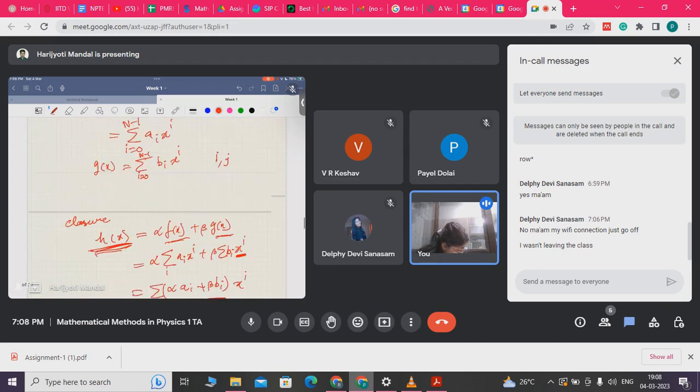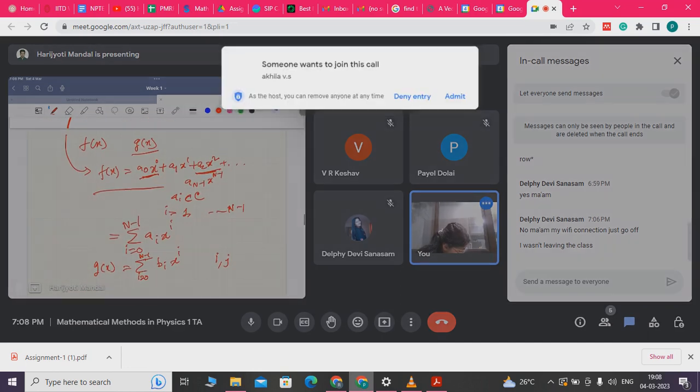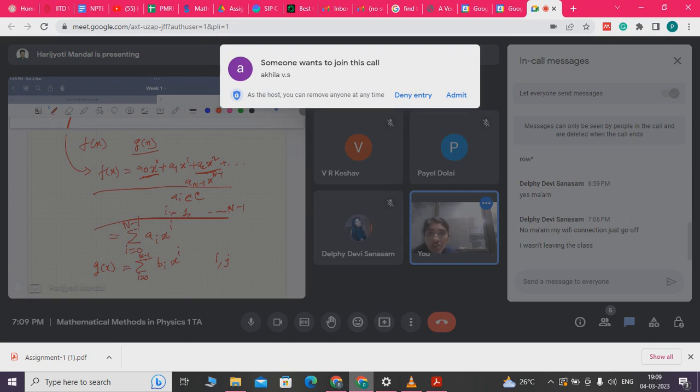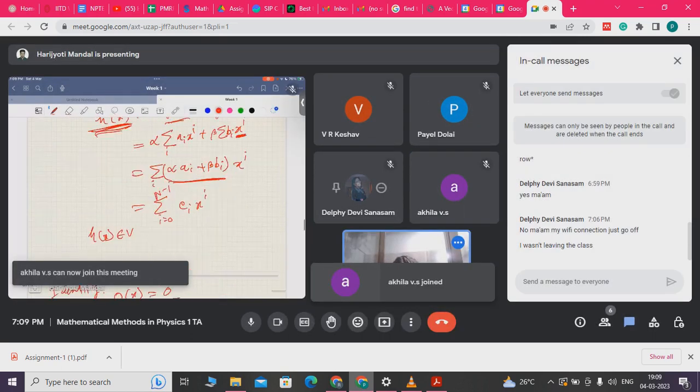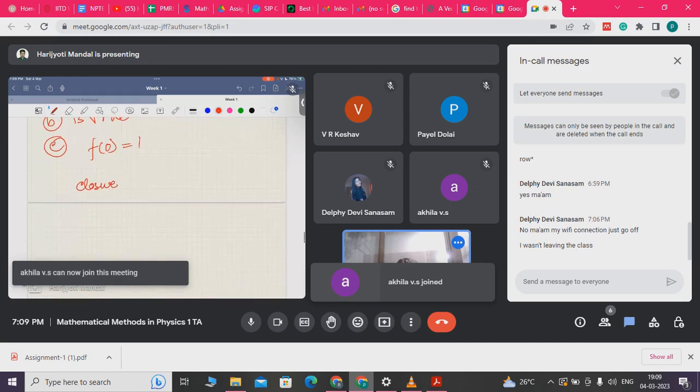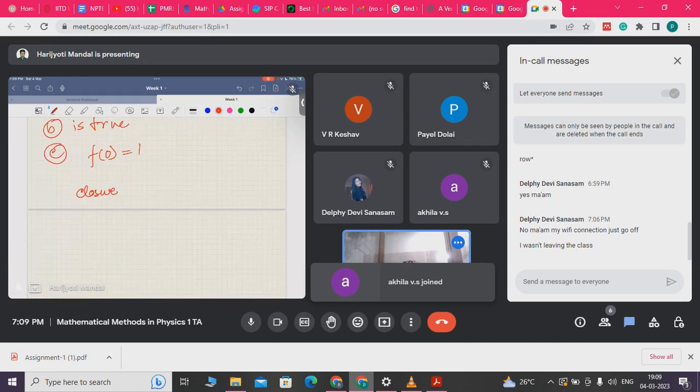So closure property. See, these things you have to write when you give the answer, they are all common. So I am not writing this.